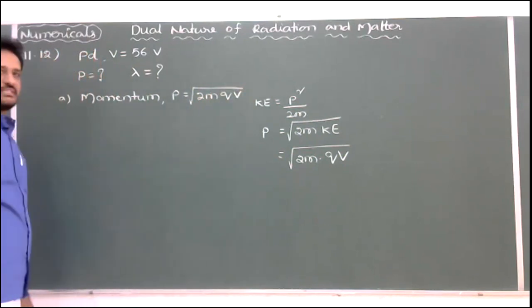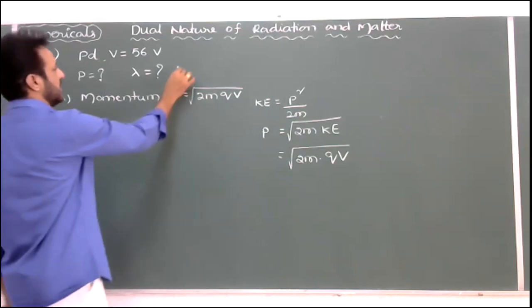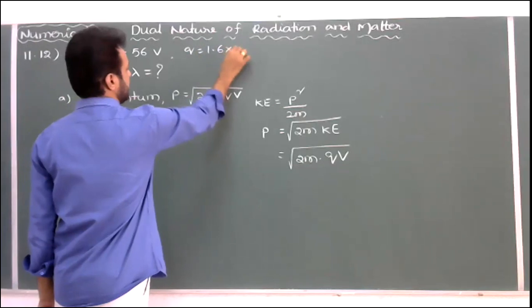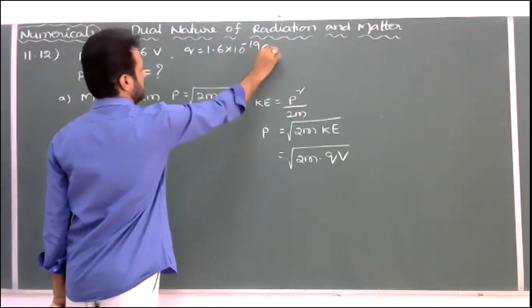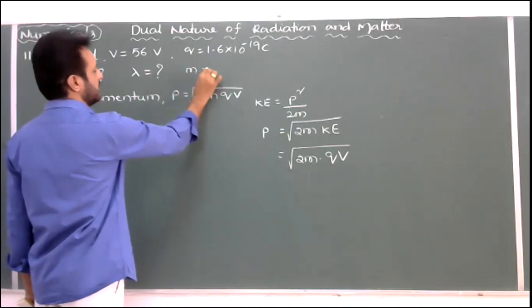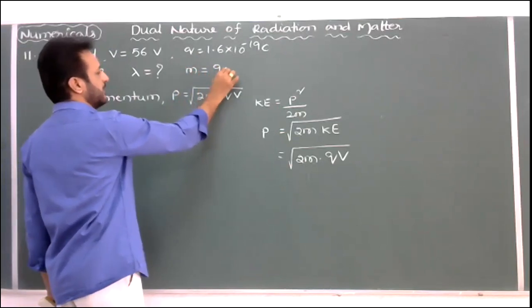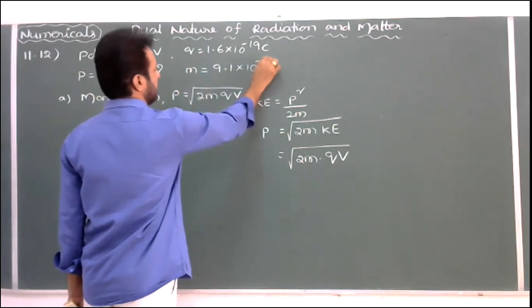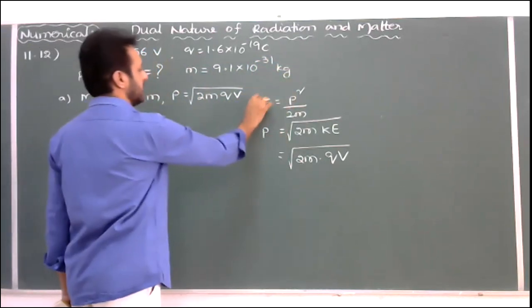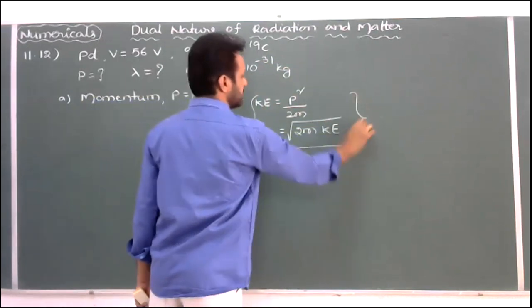Already we know the charge of an electron, Q or E is equal to 1.6 into 10 to the power of minus 19 coulomb. And we also know the mass of an electron, M is equal to 9.1 into 10 to the power of minus 31 kg. Now substitute the values in this formula.